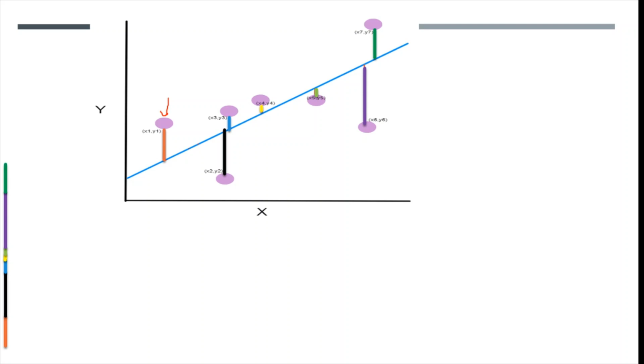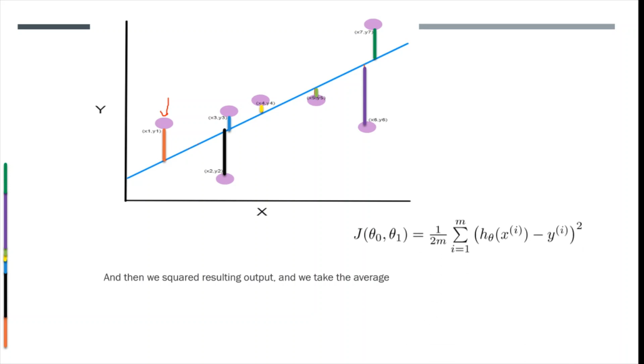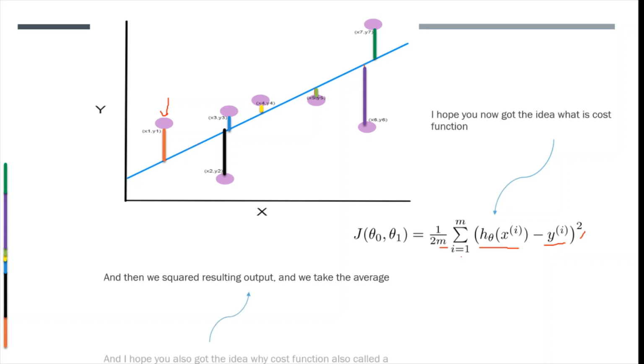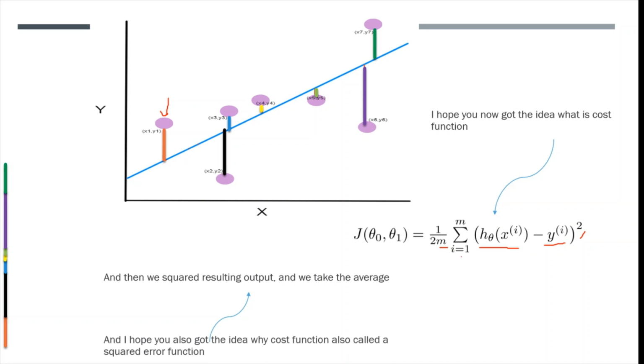We add all of the distances, square the result, and take the average. That's our cost function. So this is our hypothesis and this is our actual value; we add them, square them, and take the average. I hope you now got the idea what the cost function is, and why it is also called the squared error function.